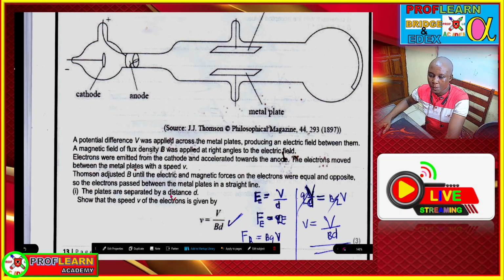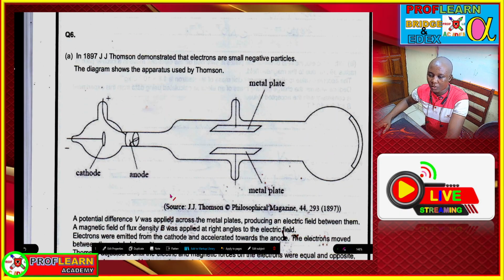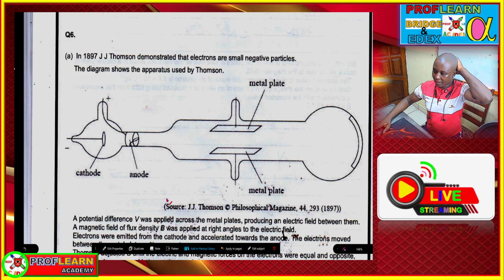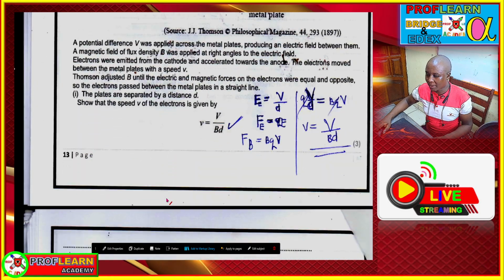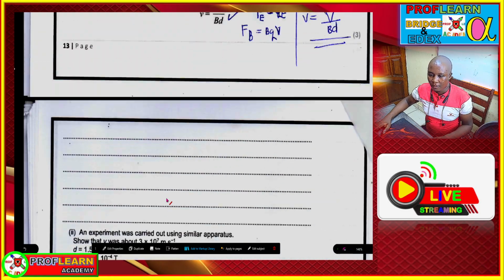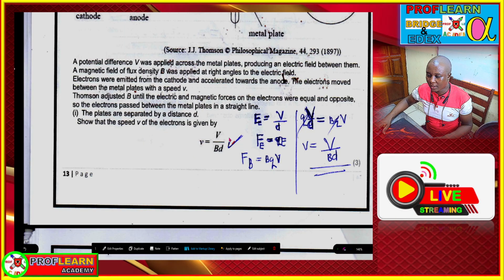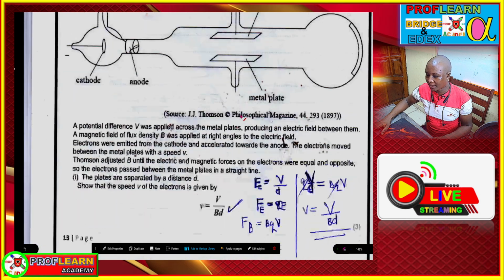Yeah, so we are told Thomson demonstrated electrons are small negatively charged particles, and then we are told that this is the apparatus that was used by Thomson. We are supposed to prove this. V is equal to the potential difference over the magnetic flux density times the distance of separation of the plates.